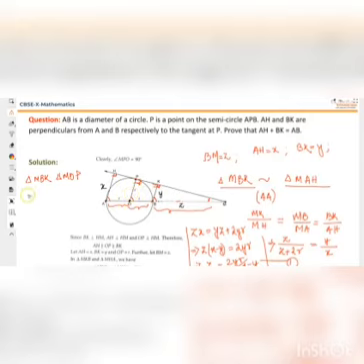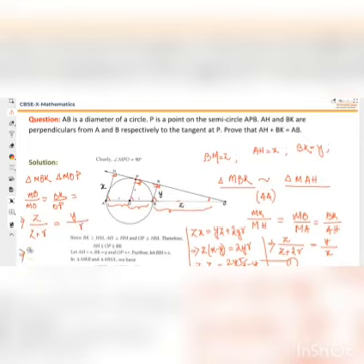From here I can say that MB by MO is equal to BK by OP, and the other side is not required. Now what is MB? MB is Z. What is MO? MO is Z plus R. What is BK? BK is Y. And what is OP? OP is R.